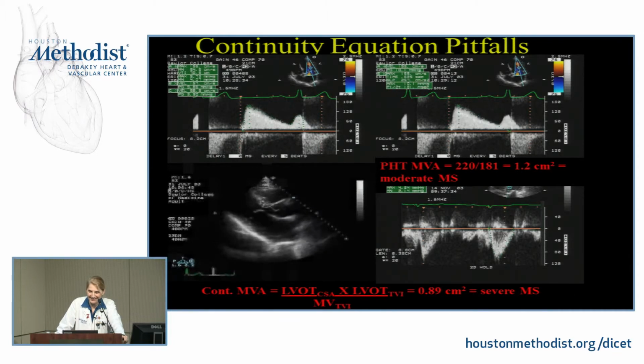It's going to inflate that because there's flow there from the regurgitation going back and forth. If that number becomes larger, it's going to cause you to overestimate the severity of mitral stenosis because that's in the denominator. So if you have significant mitral regurgitation, you just can't use the continuity equation. You've got to rely on something else.